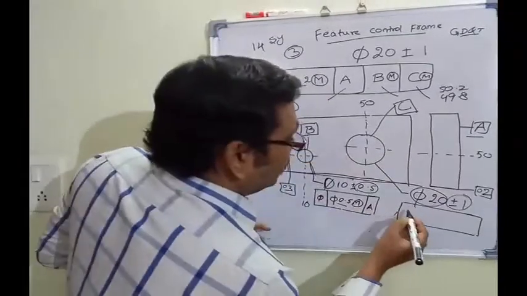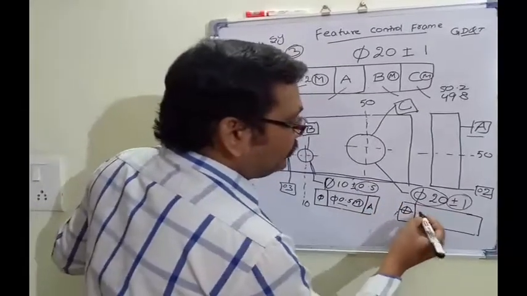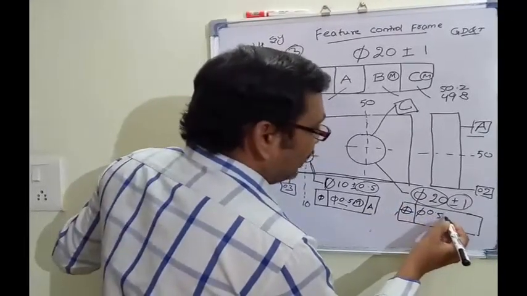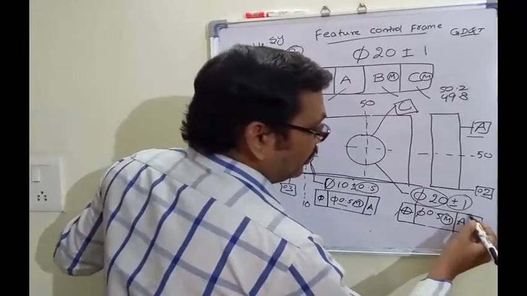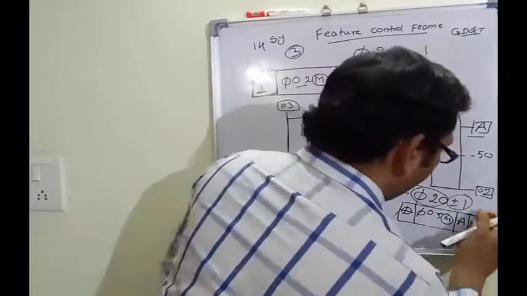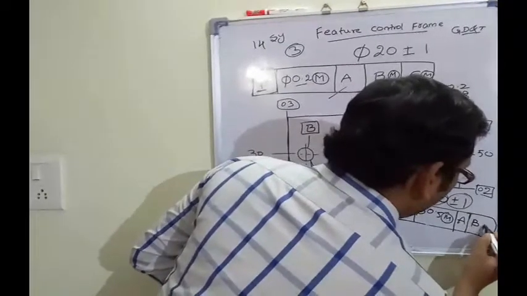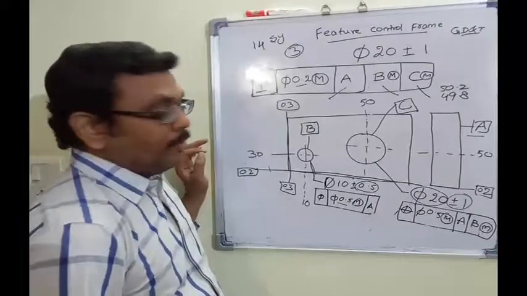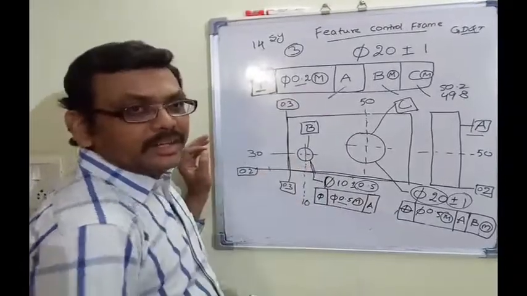So for this, again, we are positioning. Since it is a circular diameter, some value, condition A. Now comes the modifier. B maximum. Maximum material boundary, similar to maximum material condition.